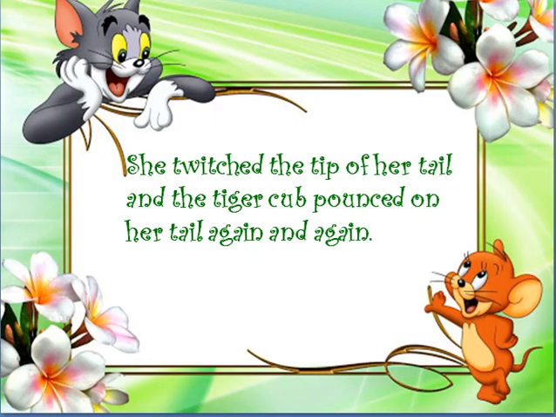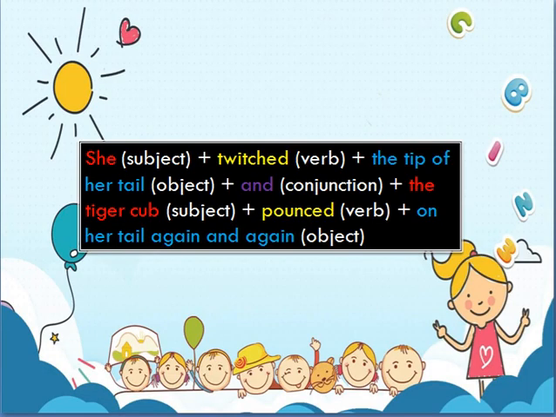She twitched the tip of her tail, and the tiger cub pounced on her tail again and again. Now just like the first sentence, this sentence too has two parts. Okay, let us look into that. Ignore the bracket words first. Let us first read the sentence, then we will analyze it.